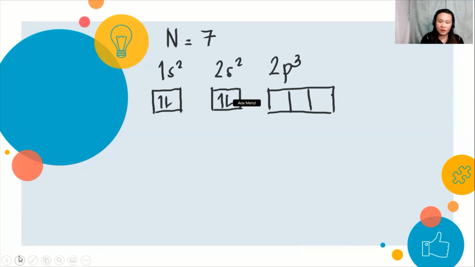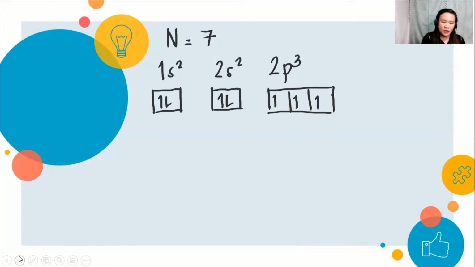Then 2p3: we follow the empty bus rule, so we fill up each of the seats, or each of the boxes, first before we pair them. So that's 3 electrons, 1, 2, and 3. This is the orbital diagram for nitrogen.